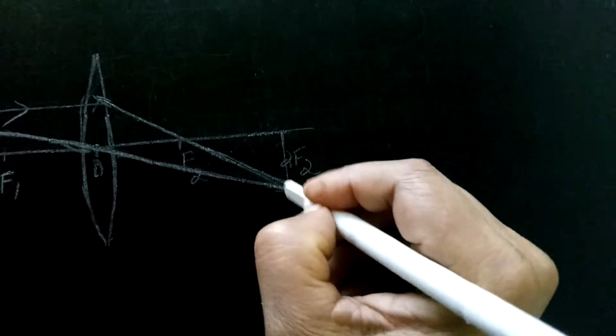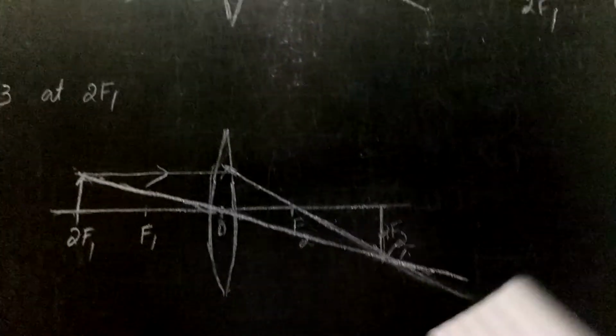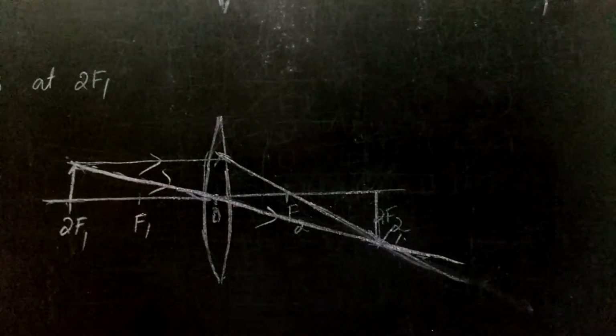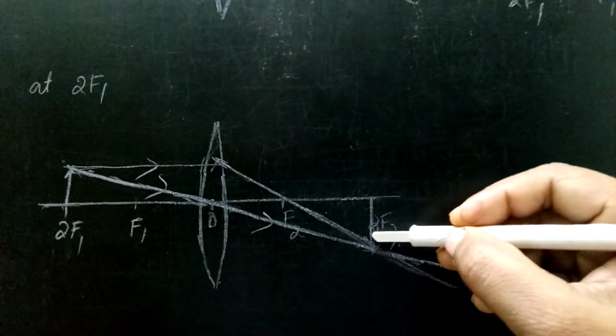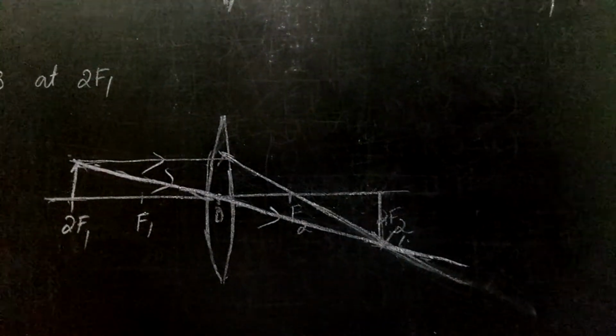Okay, so here image will be formed at 2F2. The light ray passing through the optical center passes without any deviation. So image will be formed at 2F2, and here it will be real, inverted and same size.